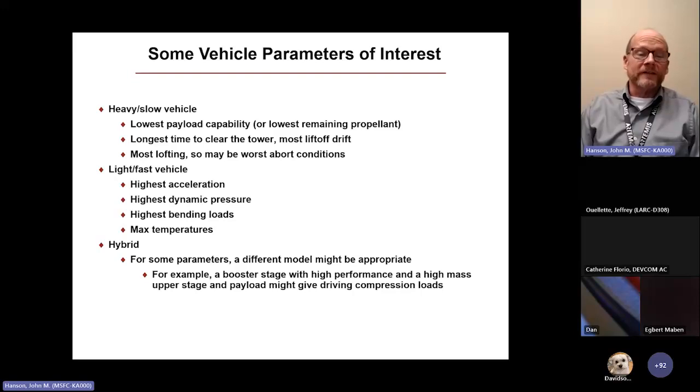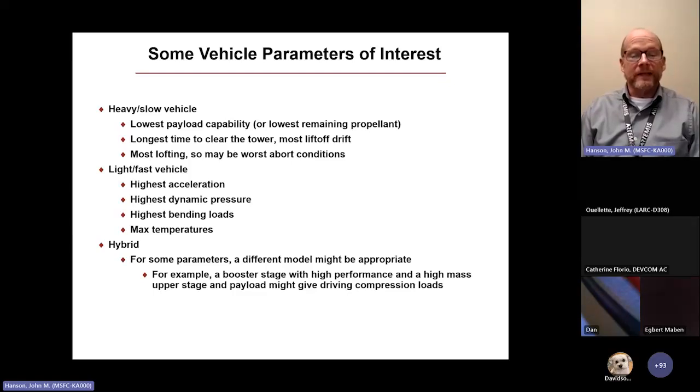A light fast vehicle, on the other hand, might give you the highest acceleration, the highest dynamic pressure, the highest bending loads, because for a given wind and higher dynamic pressure, you'll get increased bending loads, maximum temperatures, things like that. So there are things about the vehicle design that are driven by the light fast case. And there might be some other cases depending on your application.